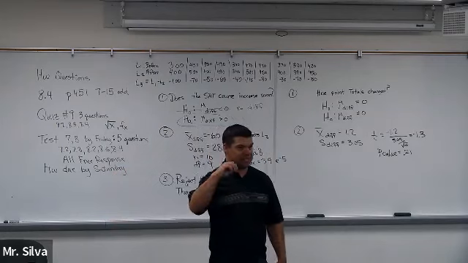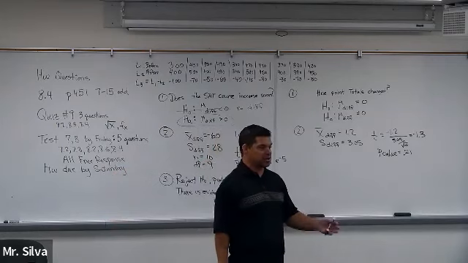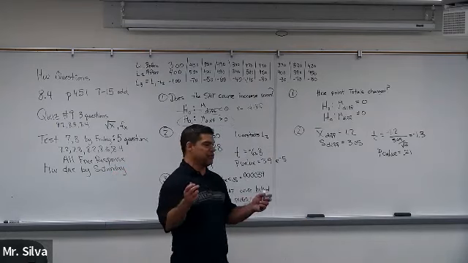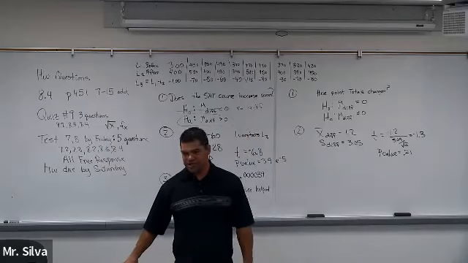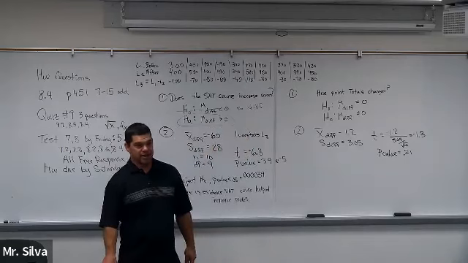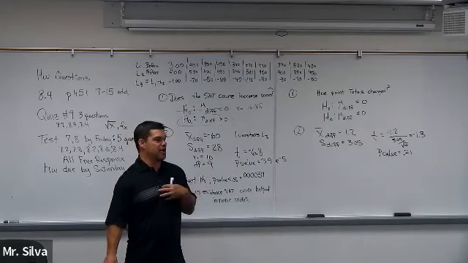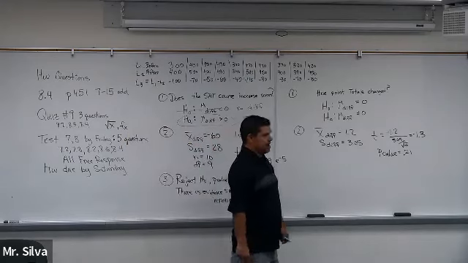They get into this p bar and q bar and combined proportions and checking conditions n1p1 and n2p2 and all these other things. There's a lot of information in there that to me is a waste of time. It's a lot of extra work for something that we already know. We already know how to write a hypothesis.